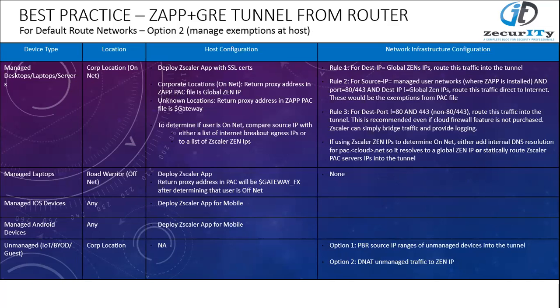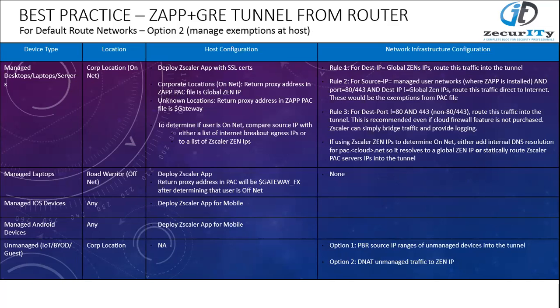In case of using a managed laptop and they are connecting from outside the network, the Zscaler app is to be deployed, and the proxy address will be gateway underscore fx. How will you identify whether the user is connecting from off trusted network or on network? That will be based on the PAC file configuration.